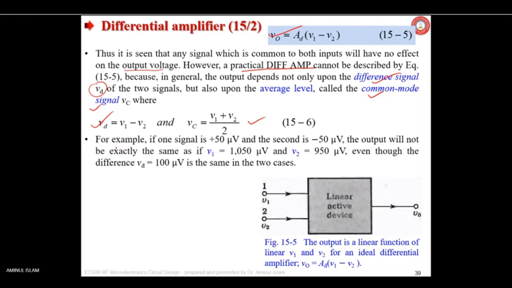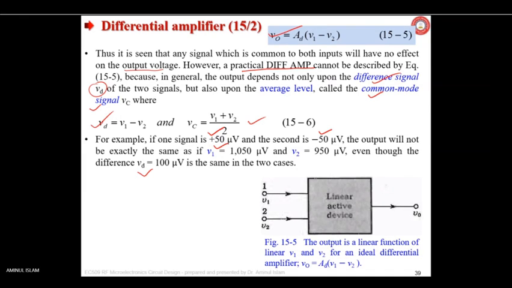Now, for example, if one signal V1 is plus 50 microvolt and the second one V2 is minus 50 microvolt, the output will not be exactly the same as if V1 equals 1050 microvolt and V2 equals 950 microvolt, even though the difference VD is 100 microvolt in both cases.